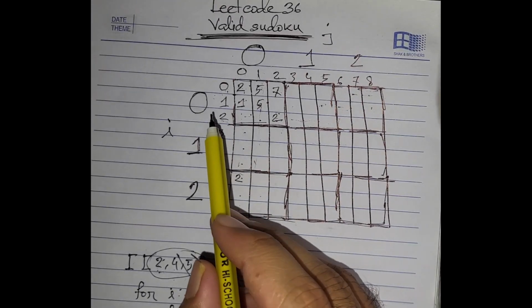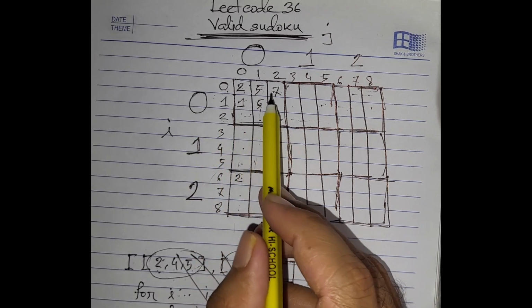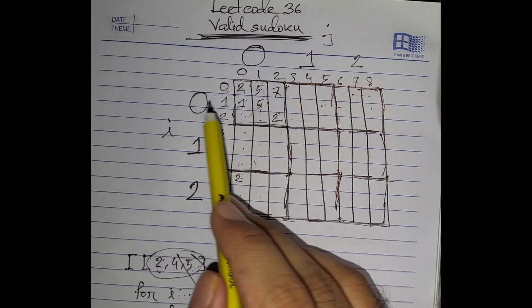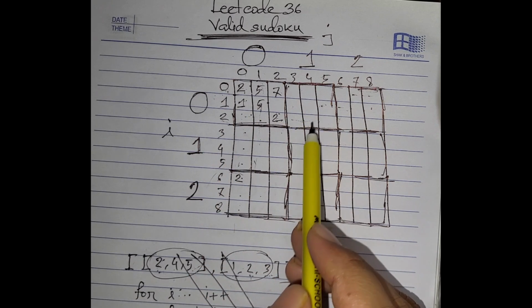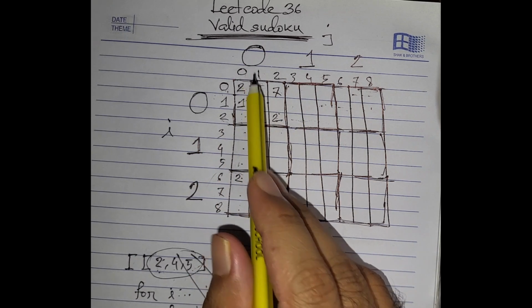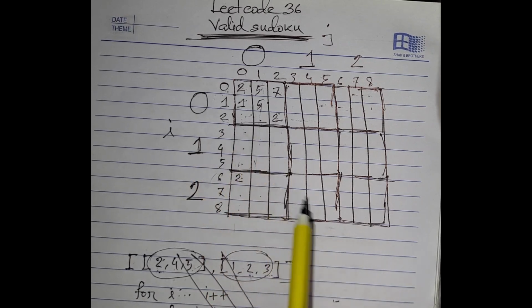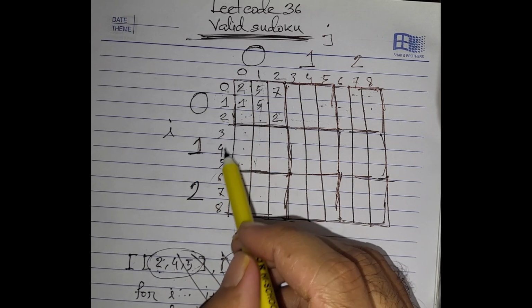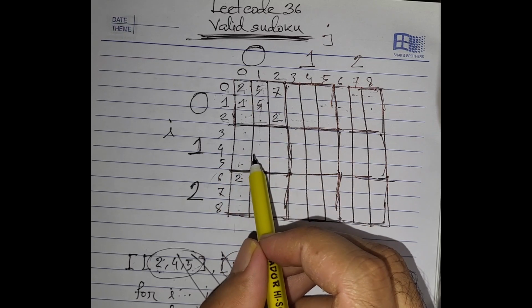So for example, this box is at 0, 0. This box is at 1, 0. This box is at 0, 1. So we need to divide the row index value by 3, and also the column index value by 3.